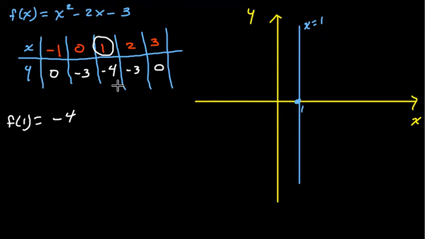So where I have 1, I'm going to have -4. So let's just say this is -1, -2, -3, -4. So 1, -4 is on this curve. What about 2? So this is 2 right here. 2, -3. So -3 is about here.